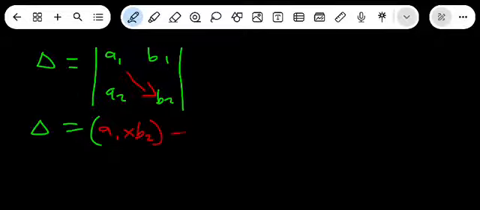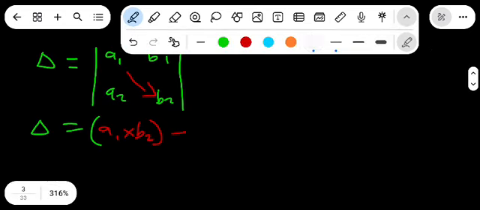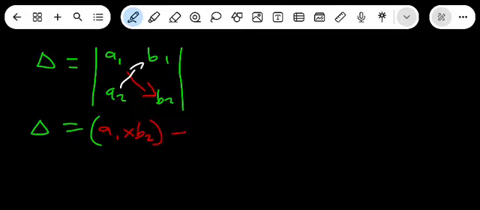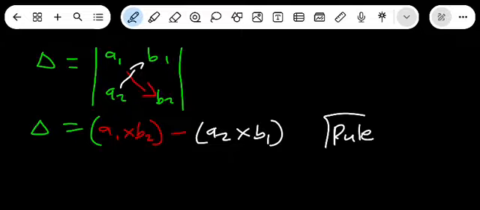Then you minus, there is always a minus. Then the second diagonal, multiplying like that, a2 multiplied by b1. This is a rule to determine the determinant.